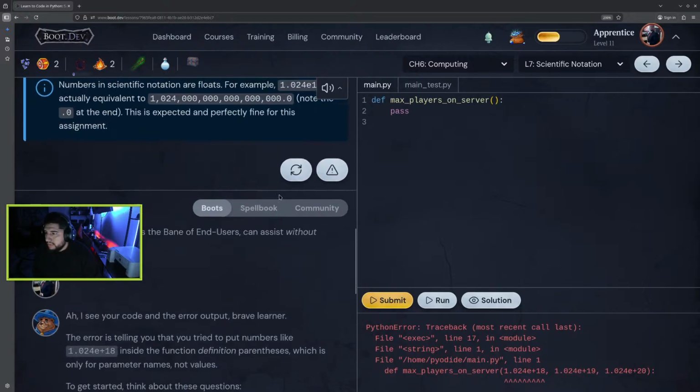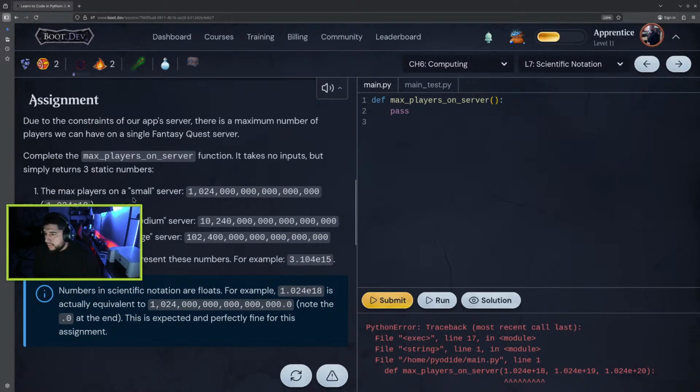Okay, so we should put small, medium, large. Alright.